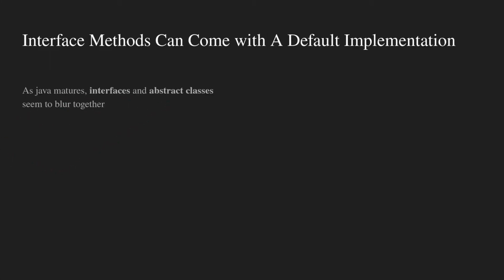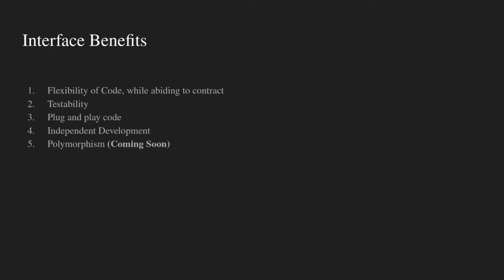Interfaces can come with default methods, which are basically an implementation already out of the box for the interface. This is a little bit strange, and it kind of goes against the idea of an interface, but it is still possible in Java.